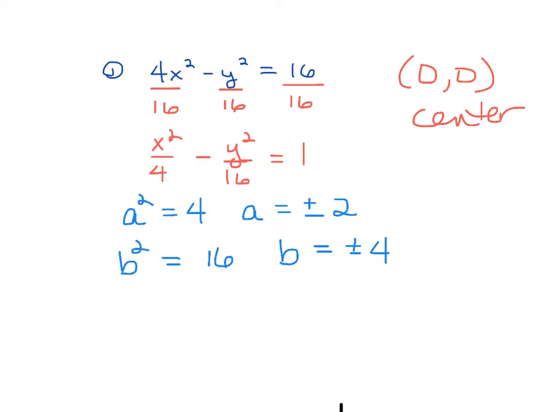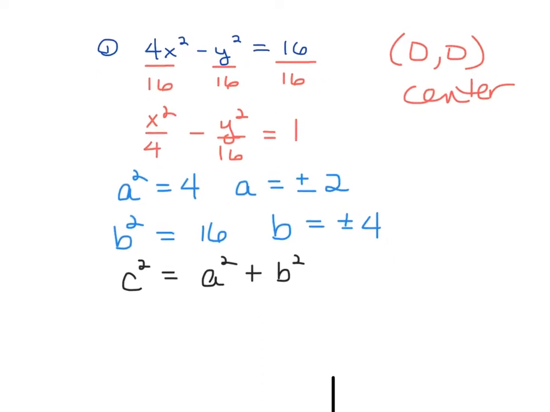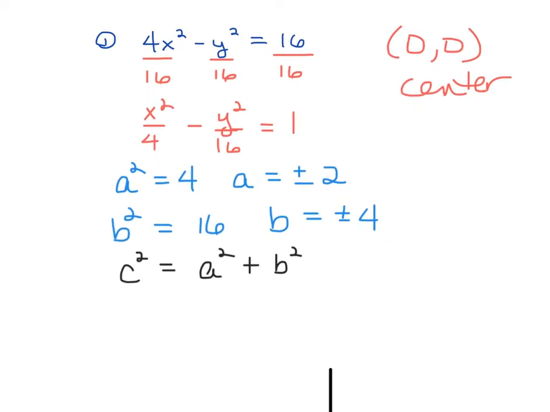The formula to find c squared, for the hyperbola, is c squared is equal to a squared plus b squared. So those two things that I pulled from the bottom of the fraction, 4 plus 16, so c squared is equal to 20.